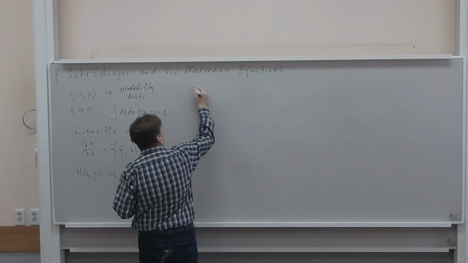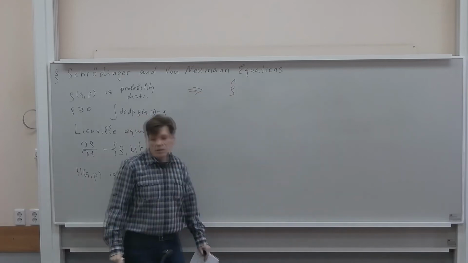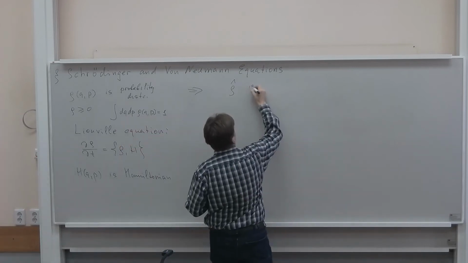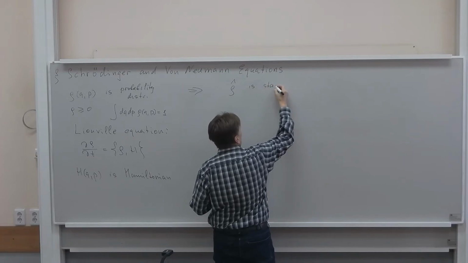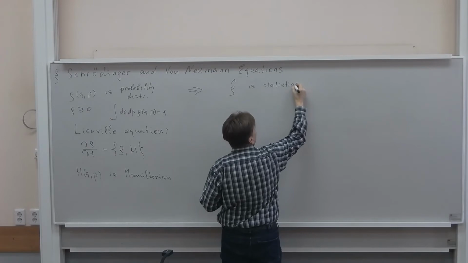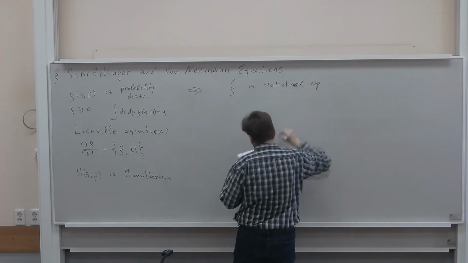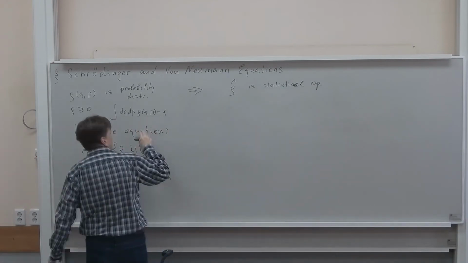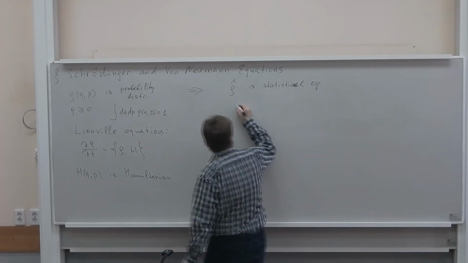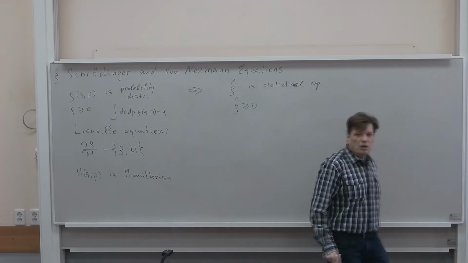the statistical operator. In quantum mechanics, we describe mixed states by statistical operators, or density operators. And this operator is also assumed to be positive semi-definite and is normalized with respect to the trace.